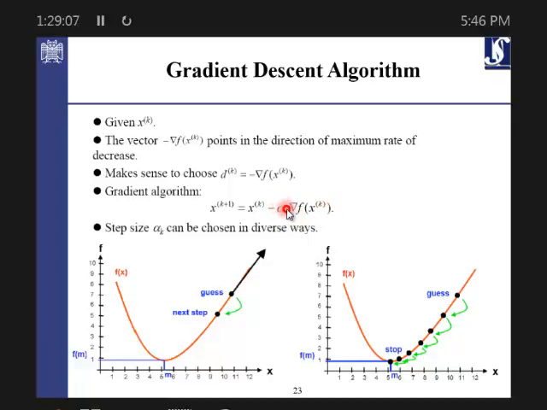So the step size times the negative of the gradient is what you take to go to the next point, x_{k+1}. And continue with this until the steps are ignorable. For example, x_k and x_{k+1} are almost the same. It means that you are already at the minimum point. That's the idea of the gradient descent algorithm.